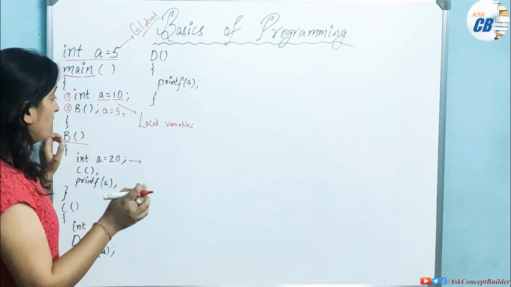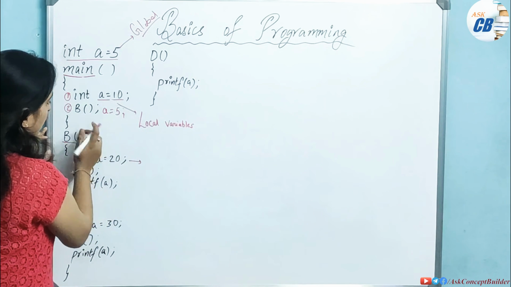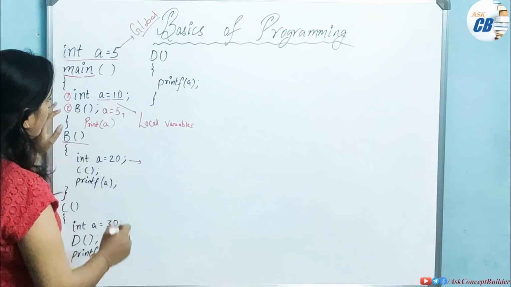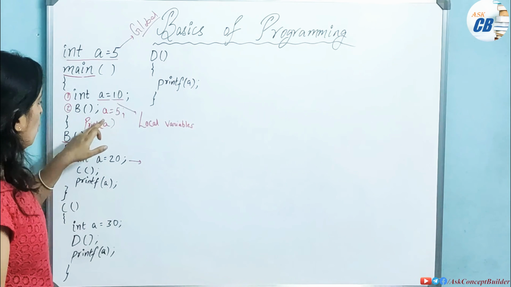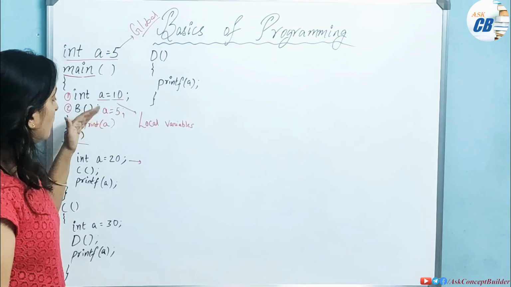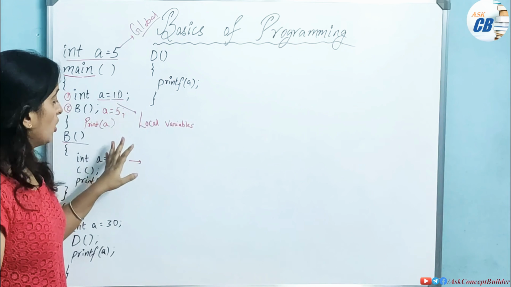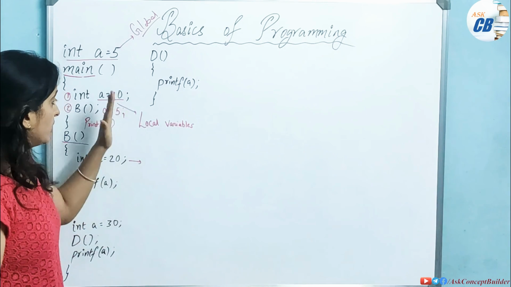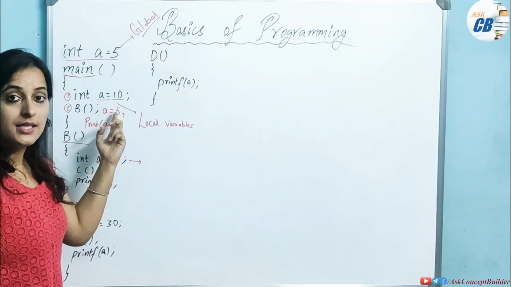Now see, if I say print a, which a will this function print? a is having value 10 and a is also having value 5. Now which value will it print? It will get confused here. So this is an ambiguous statement. It will be confused about which value it has to print. So within the same function you cannot have two variables with the same name.